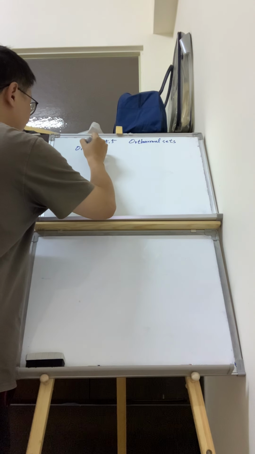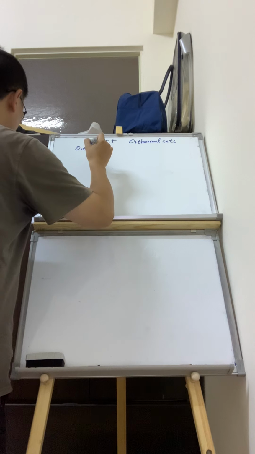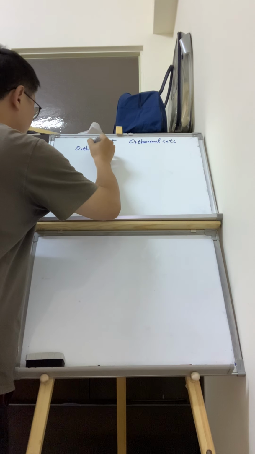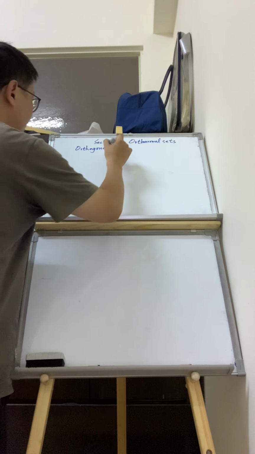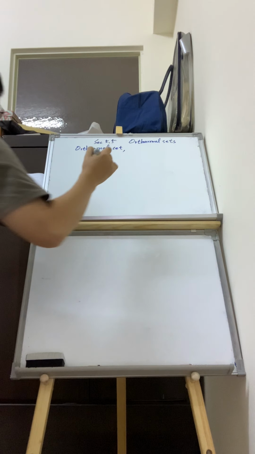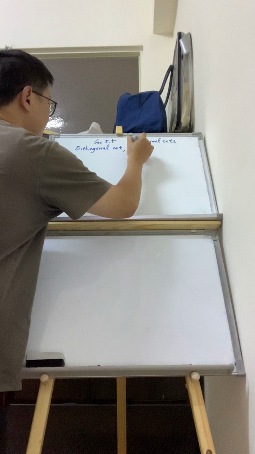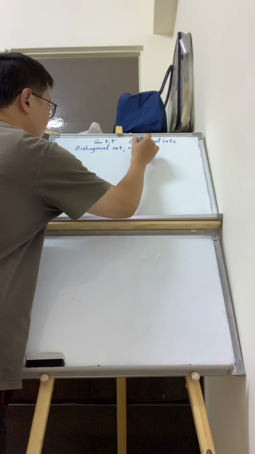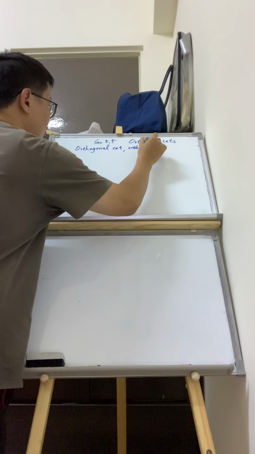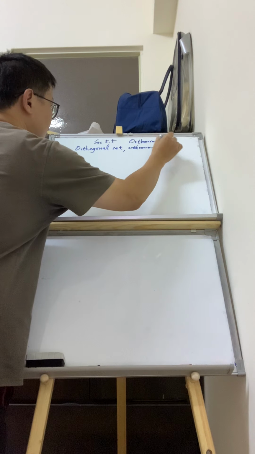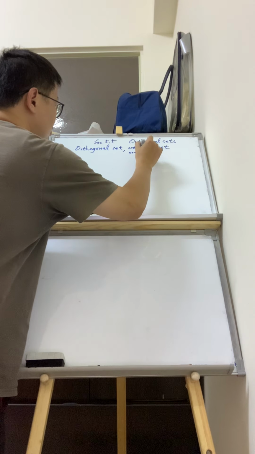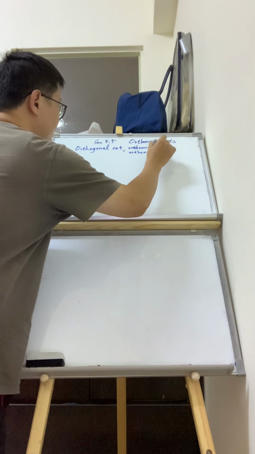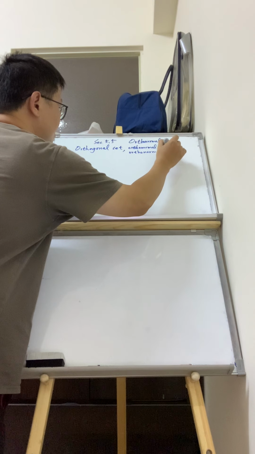We have three words: orthogonal set, and another one is orthonormal set, and the last one is orthonormal basis. We have three names.